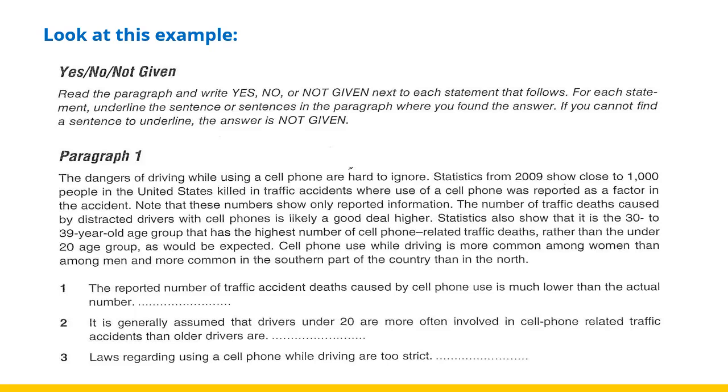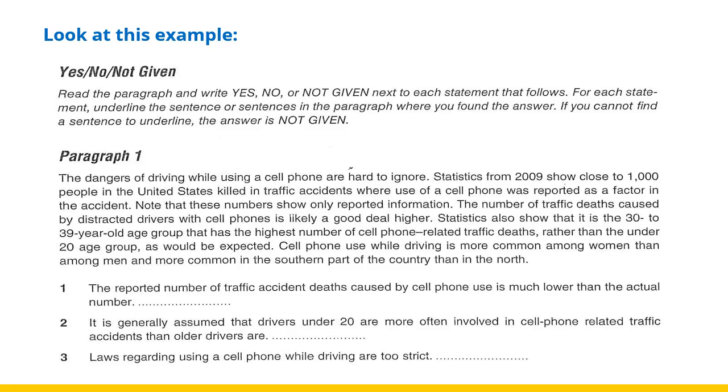And then what you have in your statement says that the reported number of traffic accident deaths caused by cell phone use is much lower. So that is why our statement 1 is going to be false. Actually, I'm sorry guys, it's not false, it's going to be no. So don't make the same mistake. It can be really confusing with yes, no, and true and false.